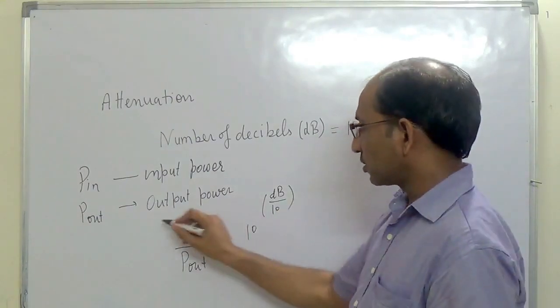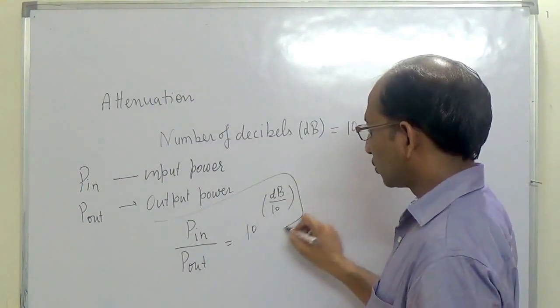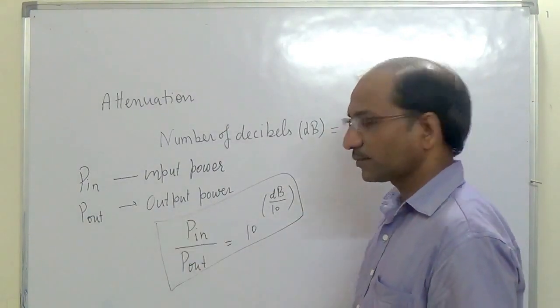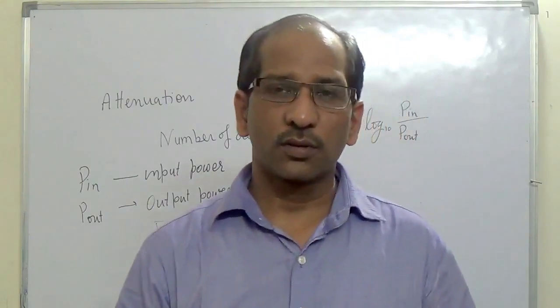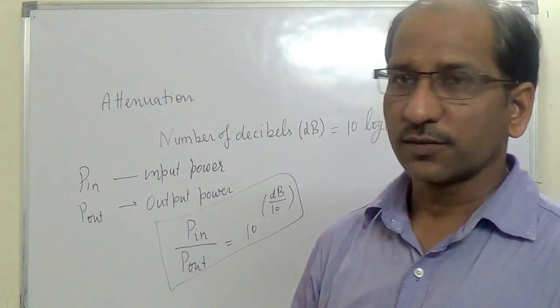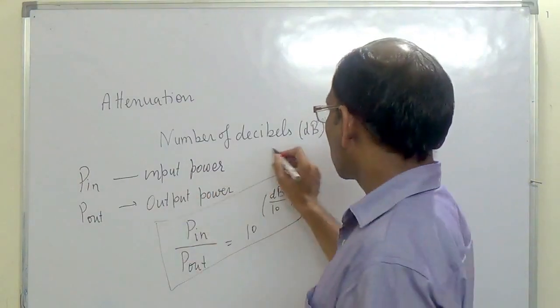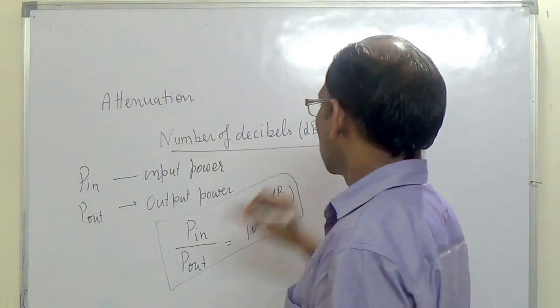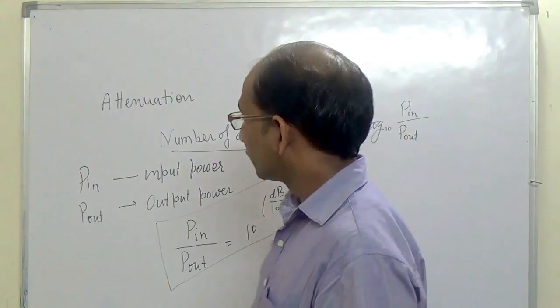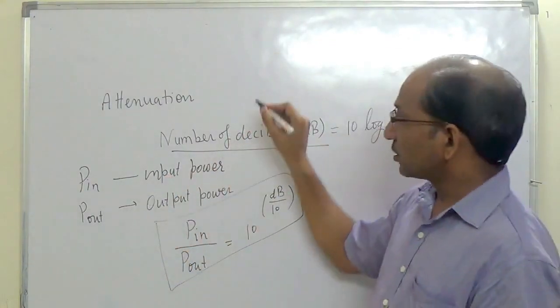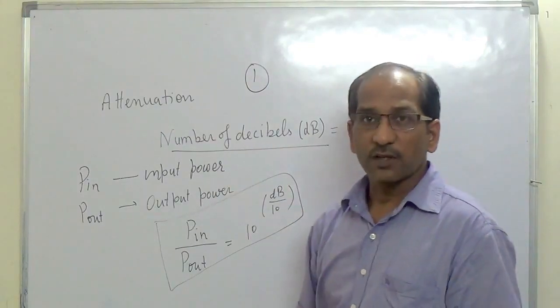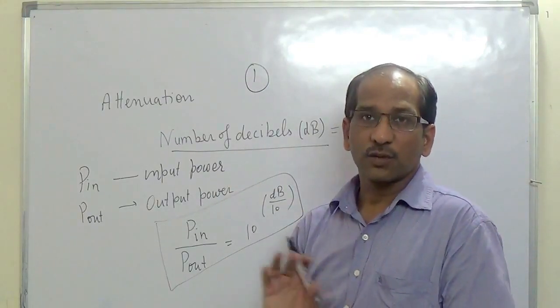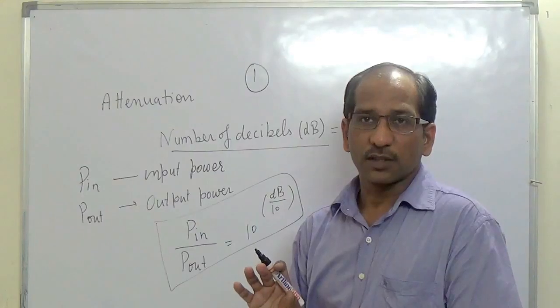So this is the formula to calculate the input and output ratio of the signal. This formula is used to calculate the attenuation for the whole length of the optical fiber.